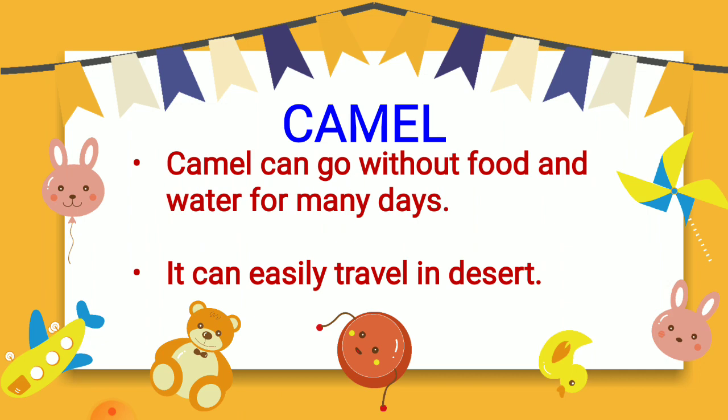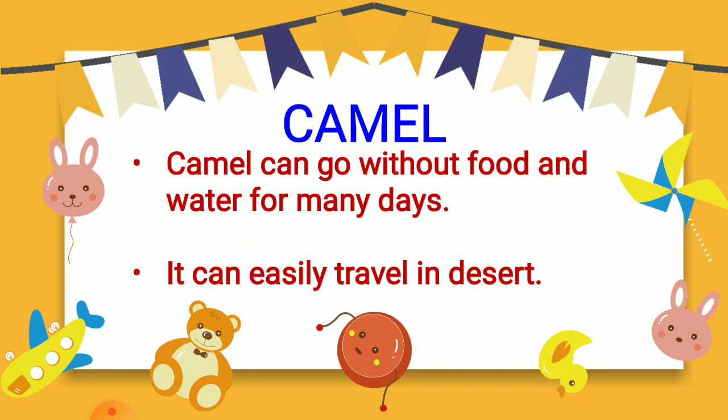A camel is an animal which can easily survive in the desert. How can it easily survive in the desert? Because a camel can survive without food and water for a longer period of time. While moving on sand, people sometimes don't know after what distance they will find food or water.